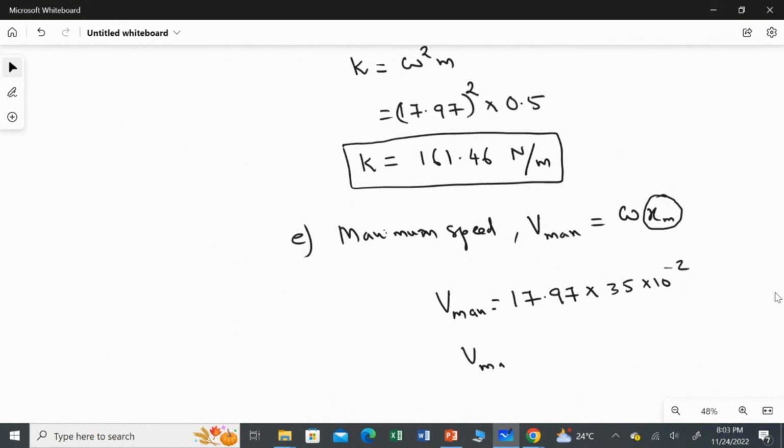By that, we can easily find the maximum speed. So 17.97 multiplied by 35 times 10 to the power of minus 2 is 6.29 meter per second. So this is the answer for our fifth subdivision, right?